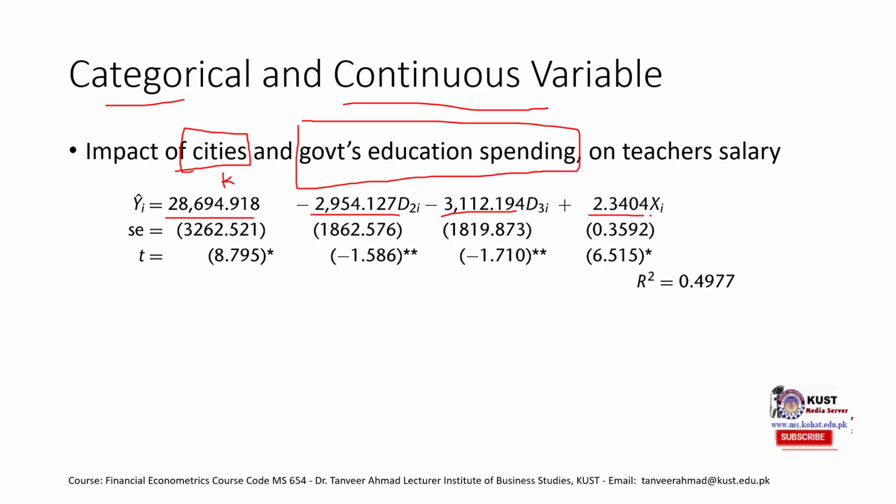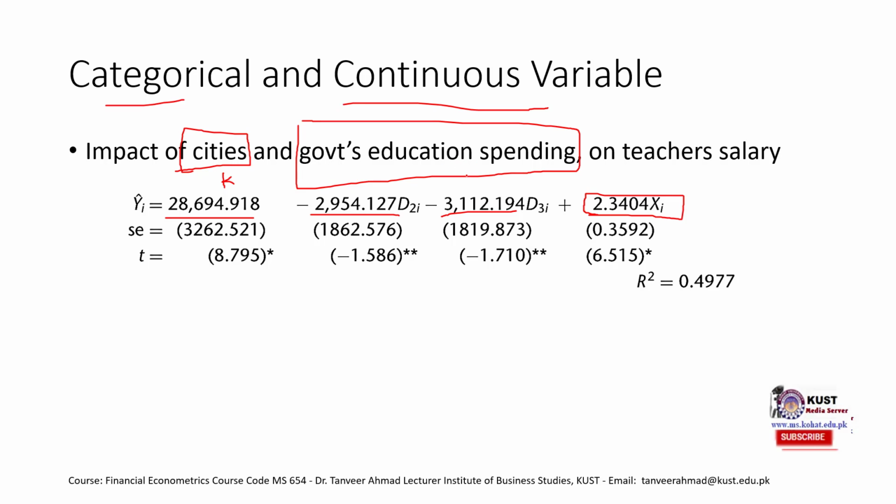The only thing that we are going to understand is this continuous variable. The continuous variable is again easy to interpret, as we have interpreted it with our previous OLS regressions. The interpretation would be that on average, a public school teacher's salary would increase by 2.34 dollars for every $1 of spending by the government.